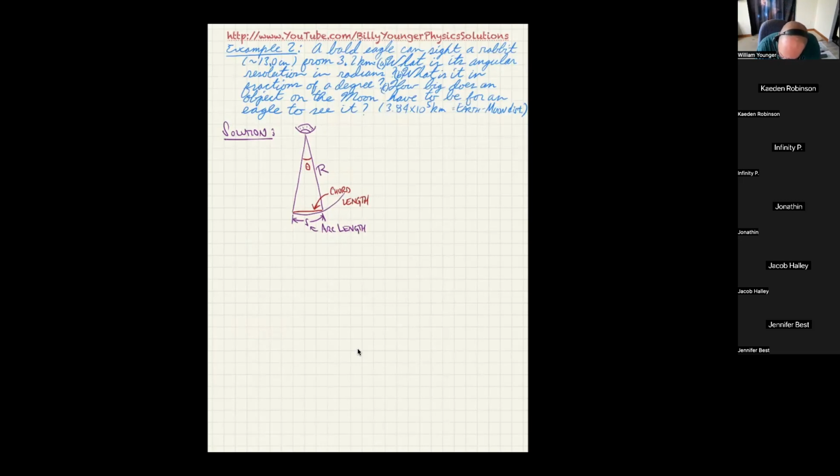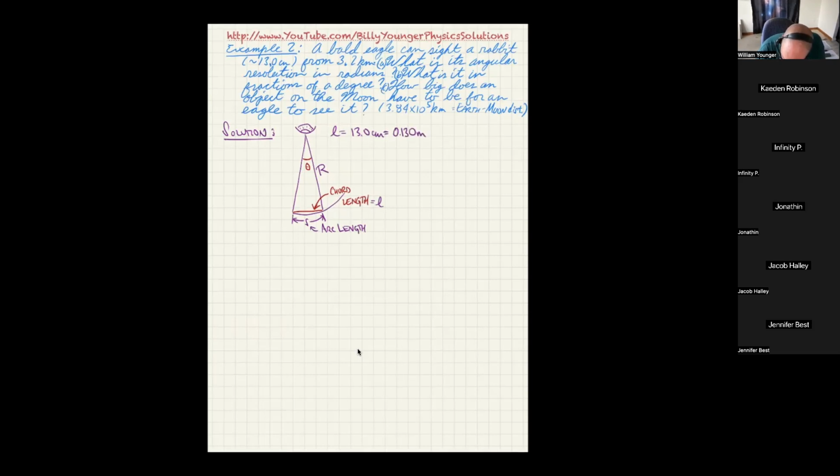Now, what we're saying is that the chord length, which would be the length of the actual rabbit, I'm going to say chord length is L. I'm going to say L is equal to 13.0 centimeters, which if we want to put everything in meters, would be 0.130 meters.